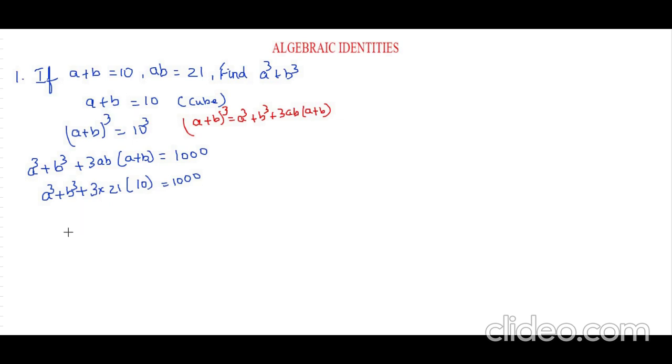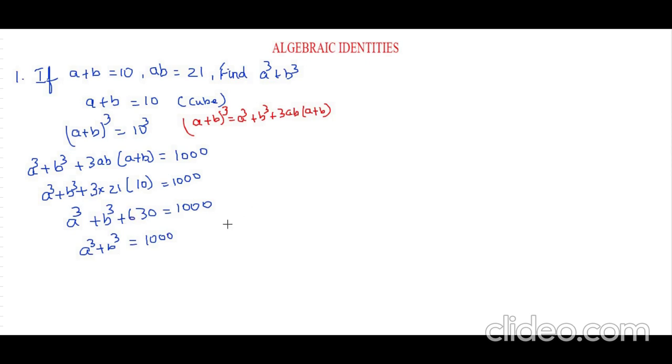So a cube plus b cube plus 3 times 21 is 63. 63 times 10 is 630 equals 1000.